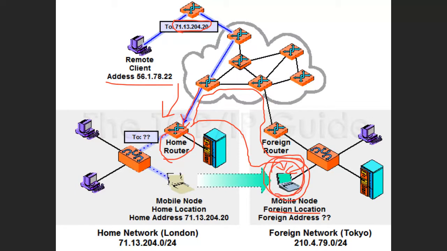So a very important use case of the tunneling concept is this one: when you have a mobile device moving from one part of the world to another part of the world. Let me know, guys, have you got this? Let me know how a mobile device is going to work once it moves from one part of the world to another.